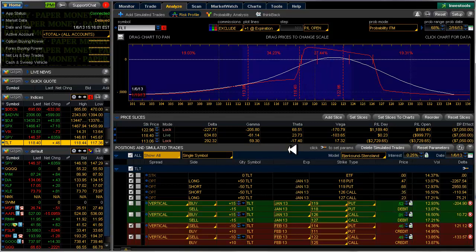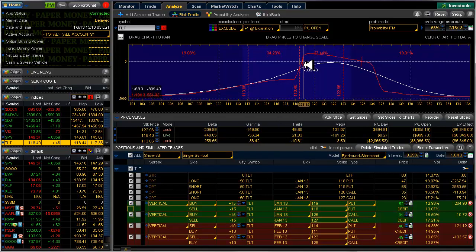And you can see that if you do this new thing here, let me turn these back on. If you do this new thing, you only have to go up to 119 at expiration, and you would be collecting $1,000. So you're still okay if the market moves back up. And that's the way that I would adjust this, Tom.